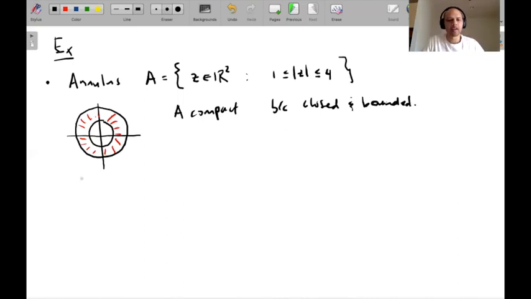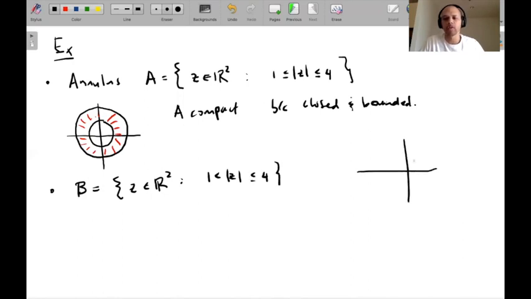But if we were to take instead B, if we change this definition just slightly, so now we don't include the inner circle, then this is no longer compact.